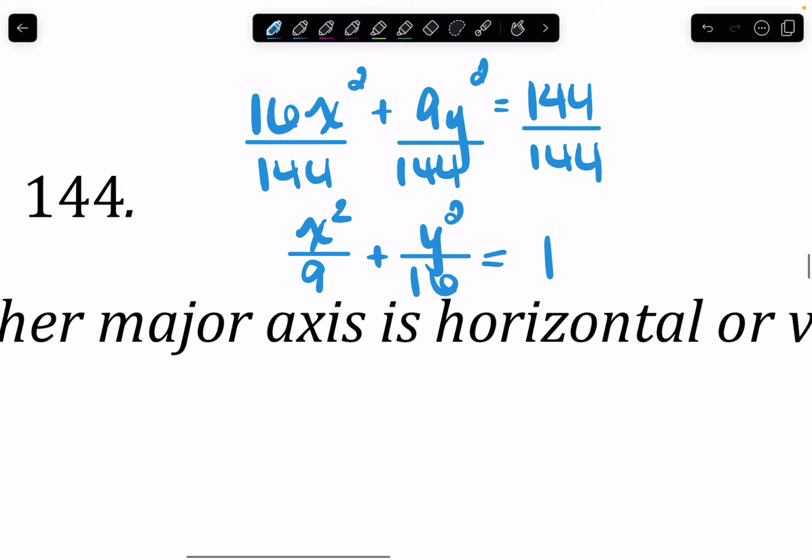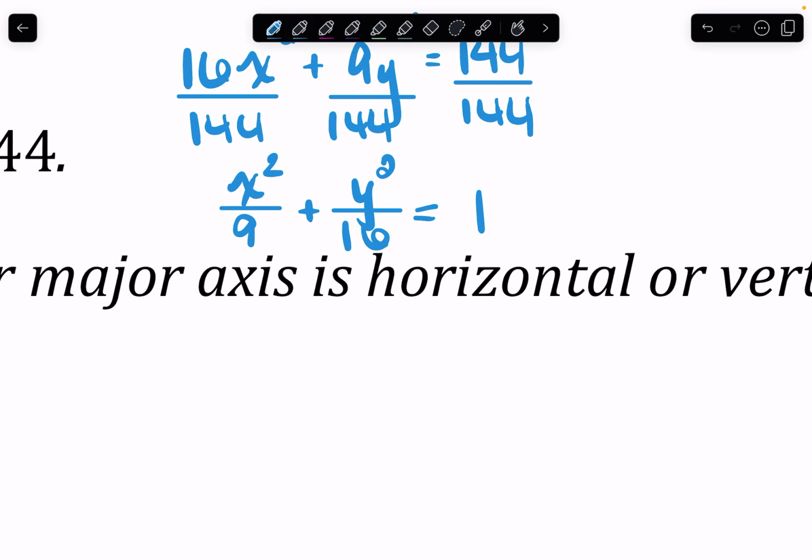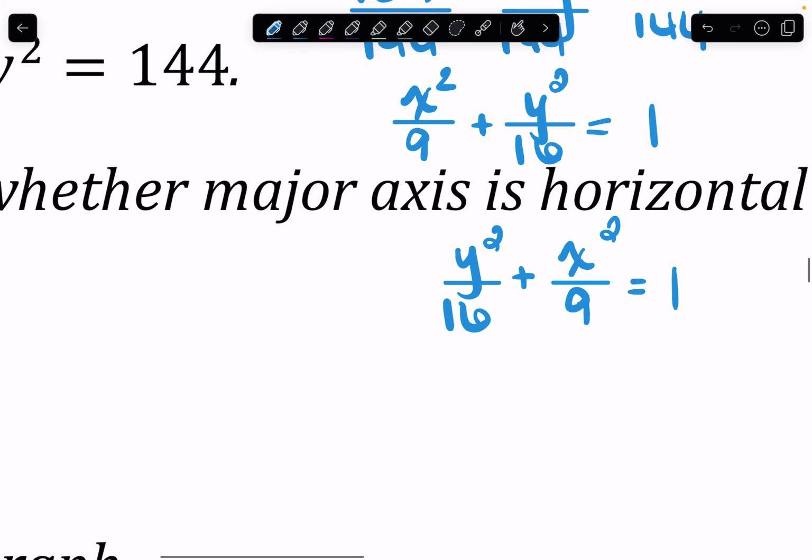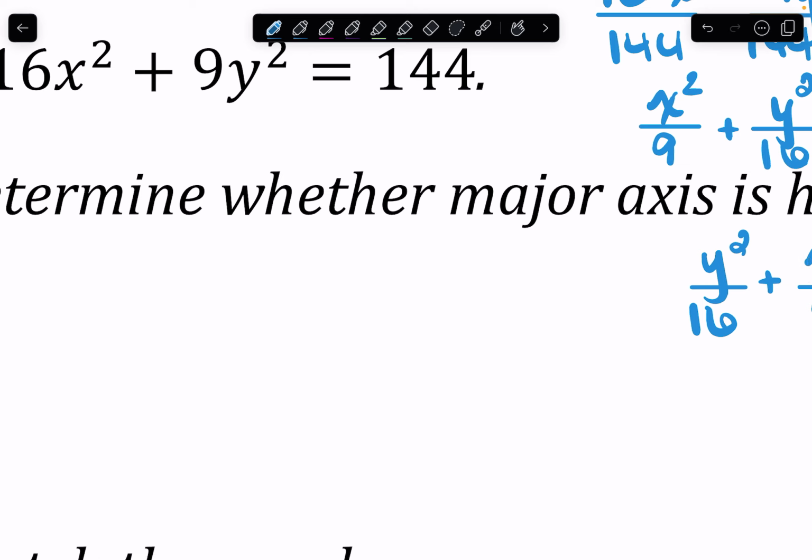So looking at this equation, since the denominator of y squared is bigger, I'm going to rewrite it with that in the front because that means it's going to correspond to our major axis. So y squared over 16 plus x squared over 9 equals 1. All right, so because the denominator of y squared is bigger, this tells us that the major axis is going to be vertical.